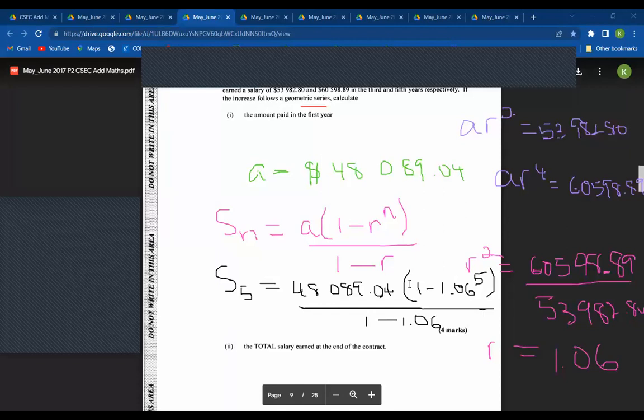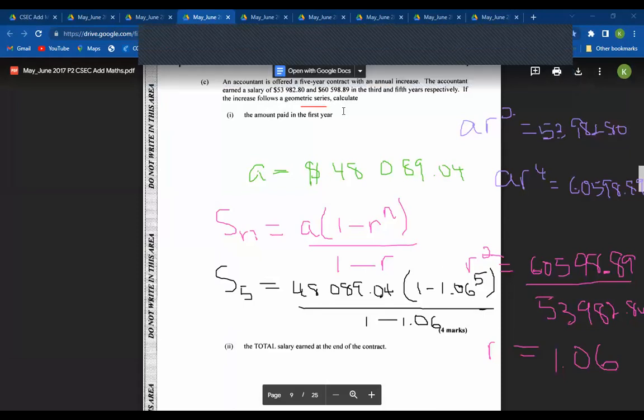You should work out this bracket first, then multiply by this, and then our whole numerator divided by this answer. Oh, less than 1 minute. Just rejoin after this, just to finish up this question.